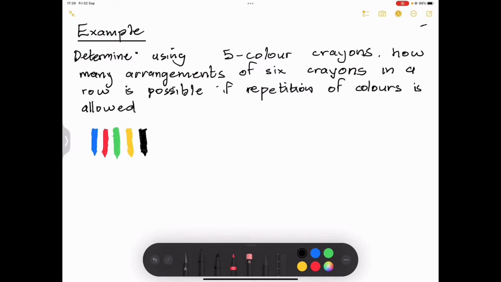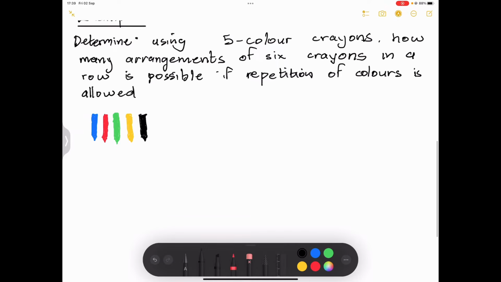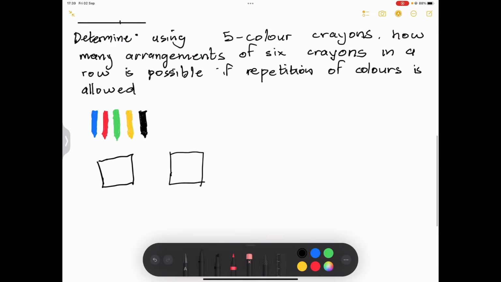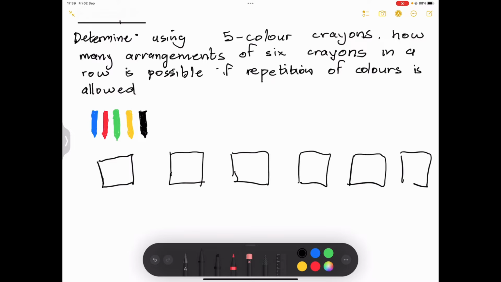So you've got 5 different colors, but you've got lots and lots of crayons. Now, what you want to do is you want to make different sets, okay? So suppose that you want to make 6 sets. That's what they said. They said how many arrangements of 6 crayons can be made. So in this case, that's 1, 2, 3, 4, 5, and 6.